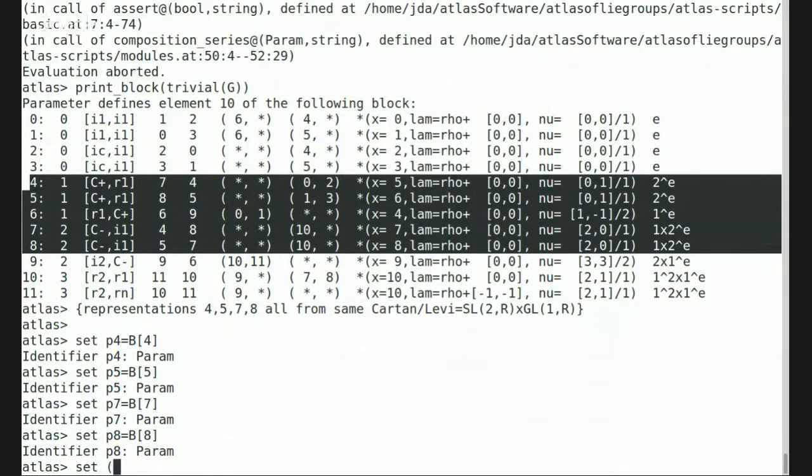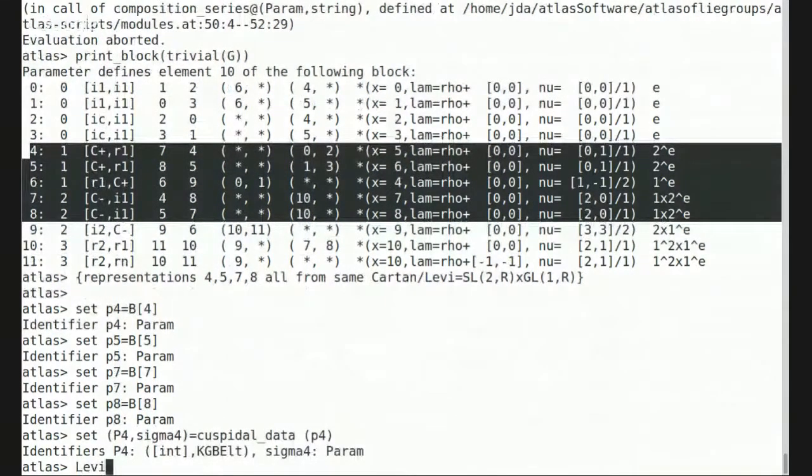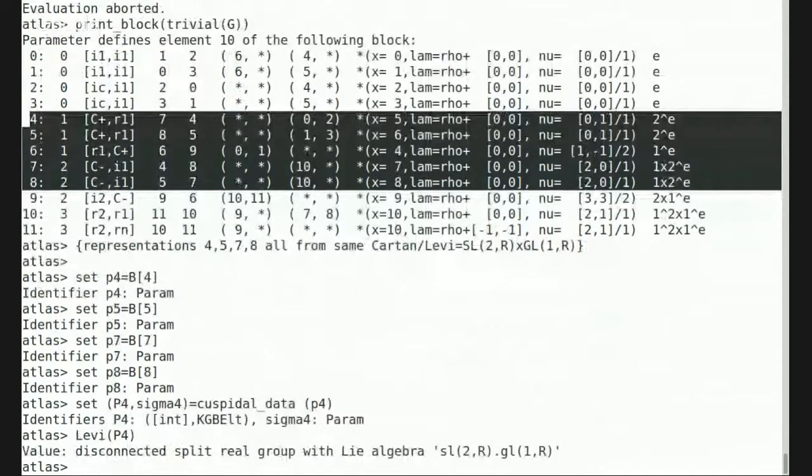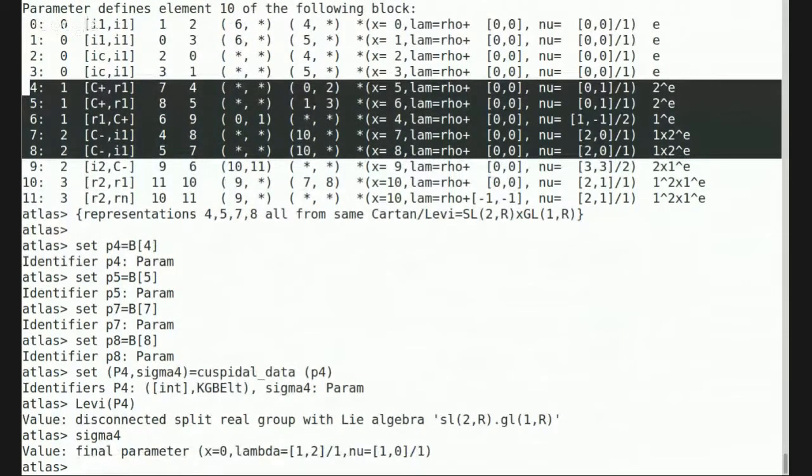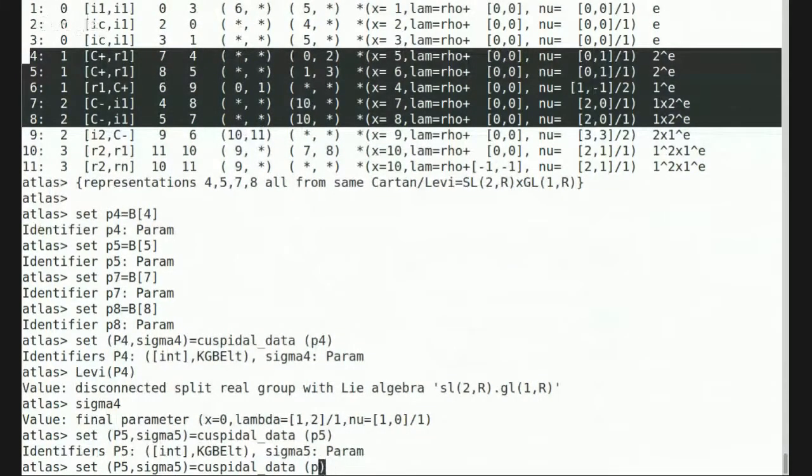Let's set P4 sigma 4 to be the cuspidal data of P4. And we've already seen the Levi factor of P4 is this one that I mentioned. Okay, so let's do the other ones. Let's do P5 sigma 5, and 7.